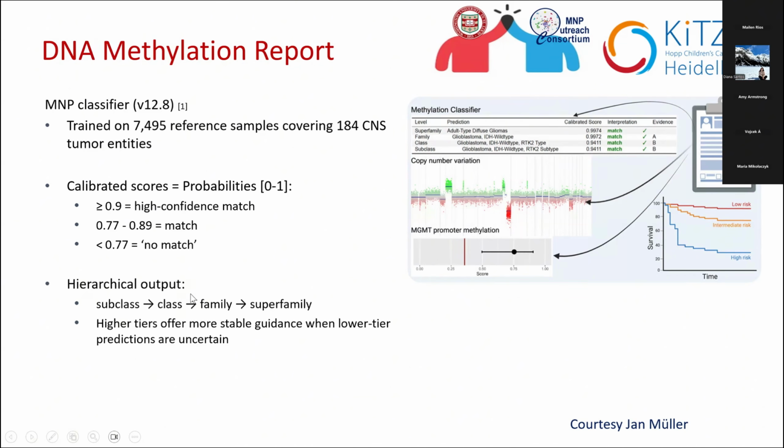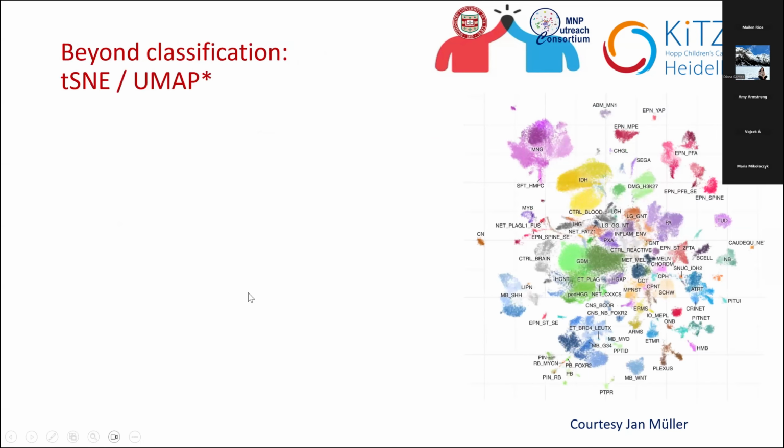And there are several hierarchical outputs: the subclass, the class family, and the superfamily. These offer more stable guidance when lower tier predictions are uncertain. Beyond the classification, Jan has also touched beautifully on t-SNE and UMAPs.